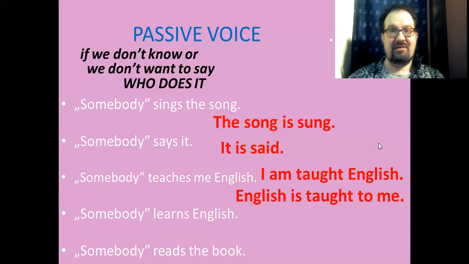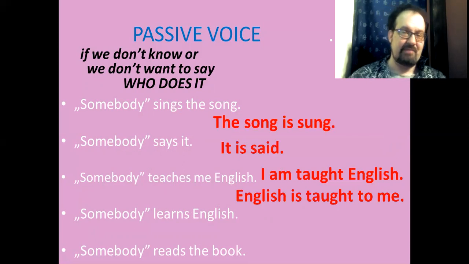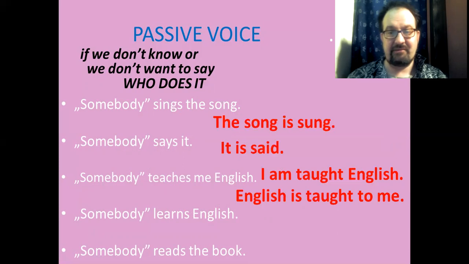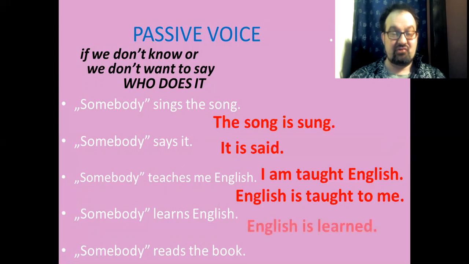Or in this school, some people learn English, some people learn German, but nevertheless, somebody learns. We don't list names there, but some of the students learn English. Then English is learned. Okay, that's also third form of learn.